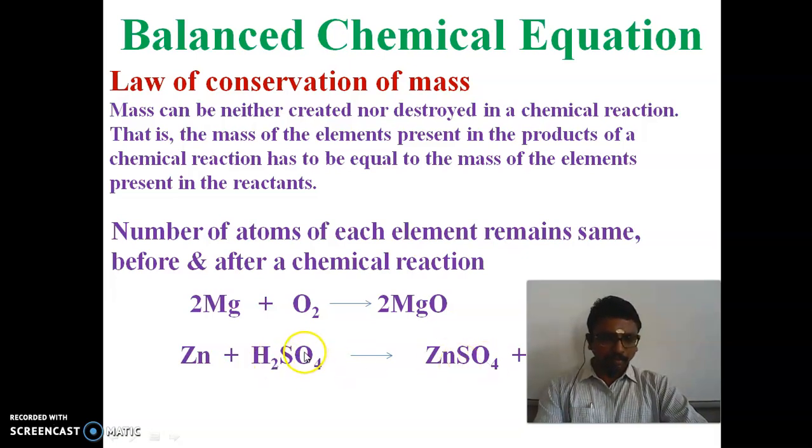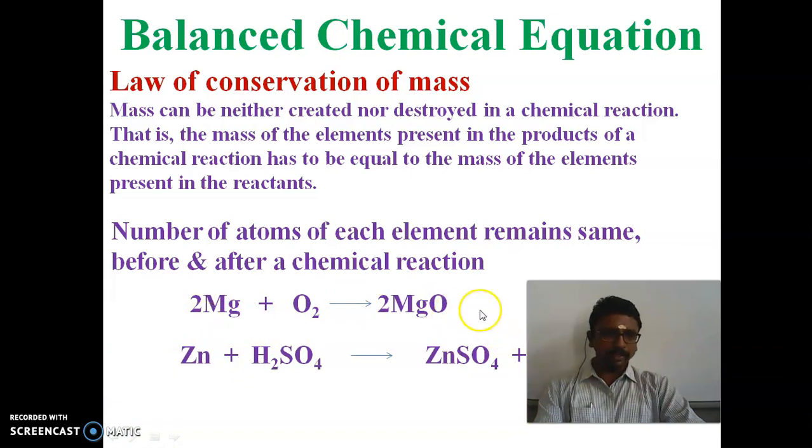Oxygen here how much? 4. Here also 4. So in reactant it will be 4, and in product also 4. So zinc has 1 atom, sulfur 1 atom, hydrogen 2 atoms, oxygen 4. So the equation is balanced.